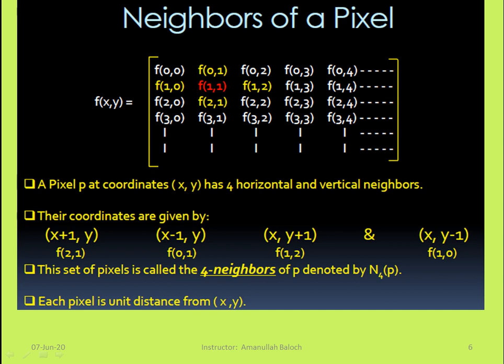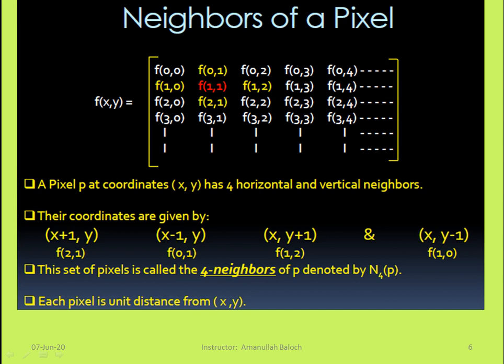This set of pixels is called the 4 neighbors of P, denoted by N4 of P. N4 of P means 4 neighbors of P. Each pixel is at unit distance from x, y. Let's suppose this is x, y, then this one is at unit distance. The one below this pixel is also at unit distance.